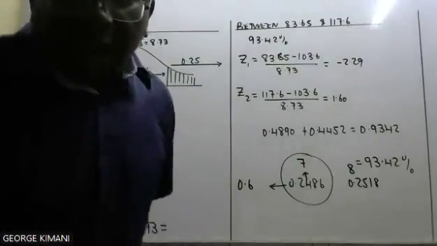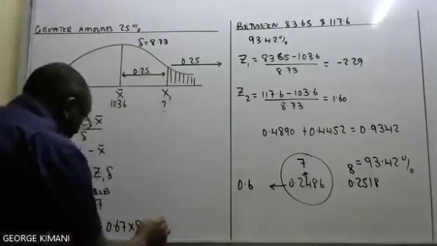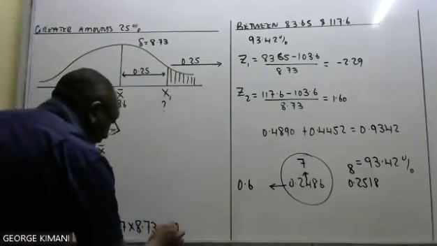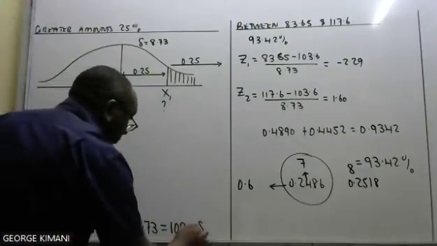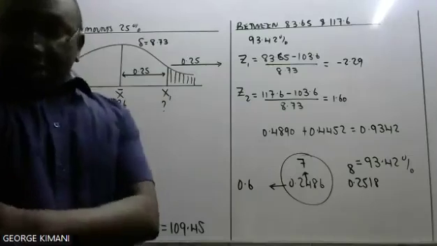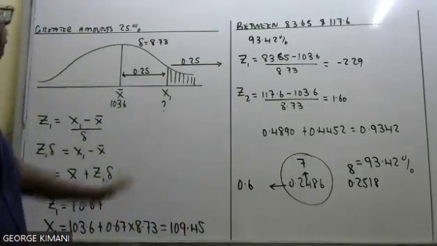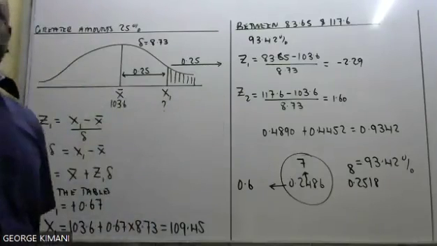Yeah, I can see 109.45. 109.45. Yeah, so that is the value that we will have so that we can have 25% greater than.